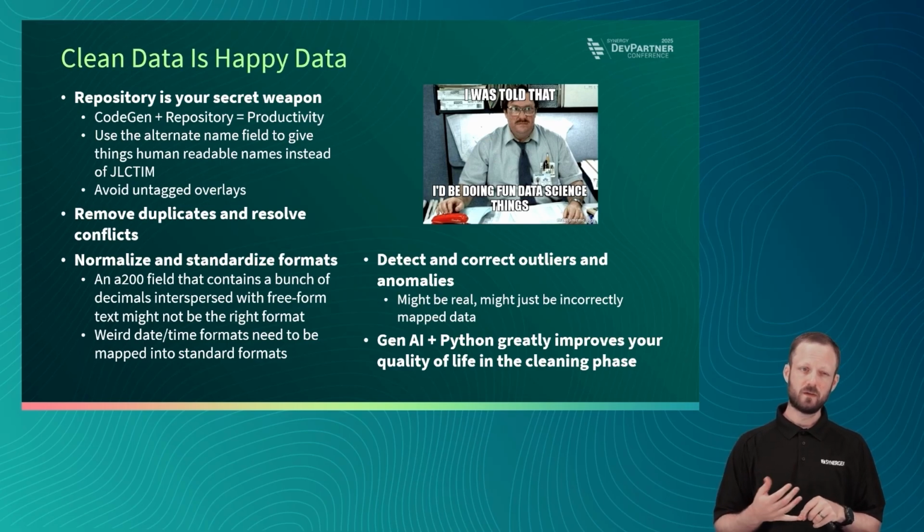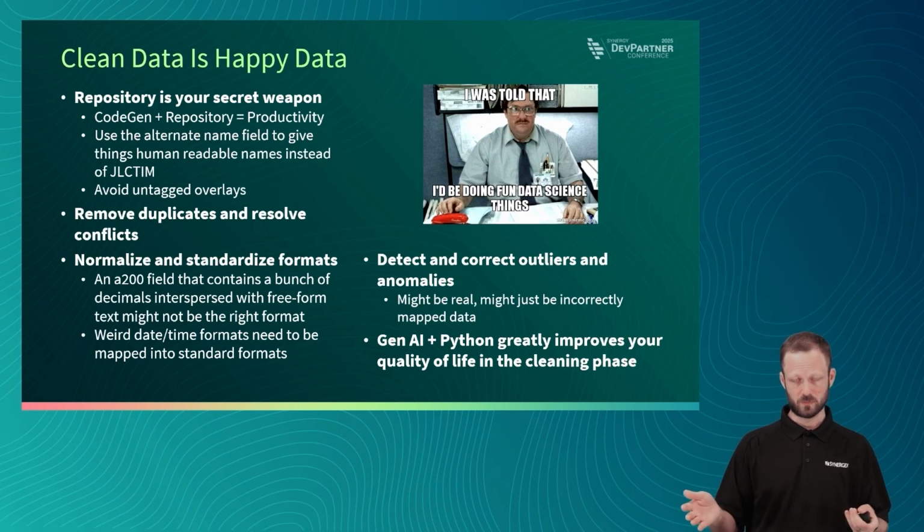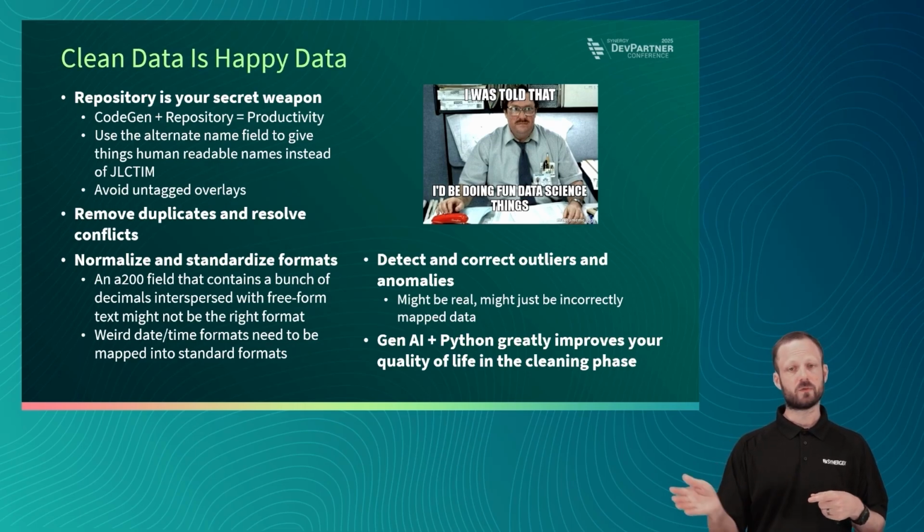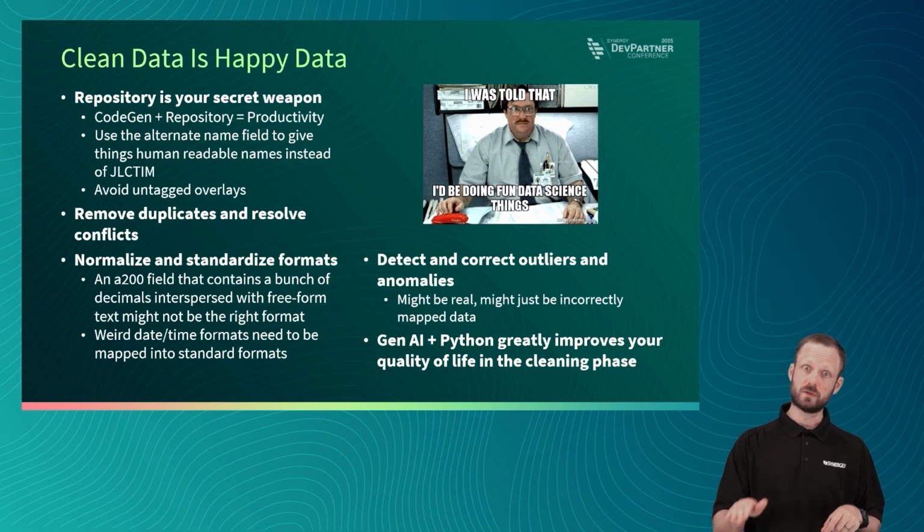Important, useful thing, avoiding untagged overlays. So if there's no way to determine which layout applies to a particular record, it gets very hard to reliably produce that data. So a tagged record is one where you have in a file 3, 4, 5, 10 different record subtypes, and the layout might be completely different between an inventory master record and an individual inventory record.